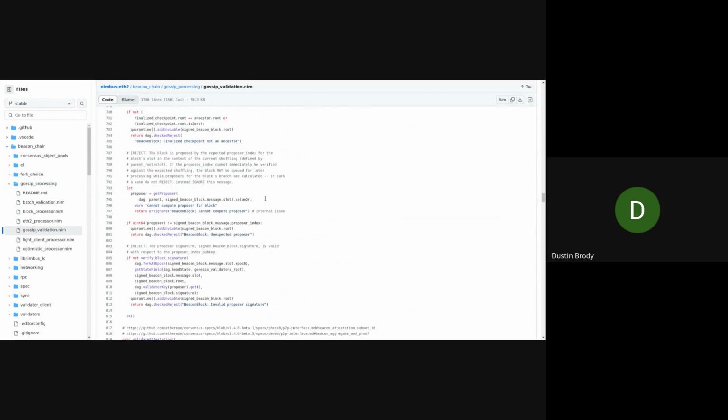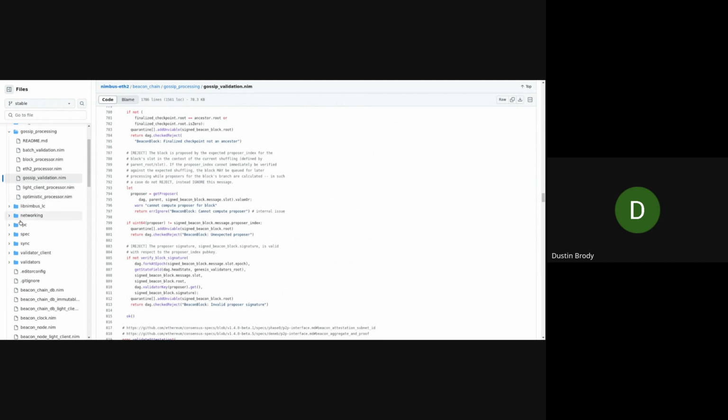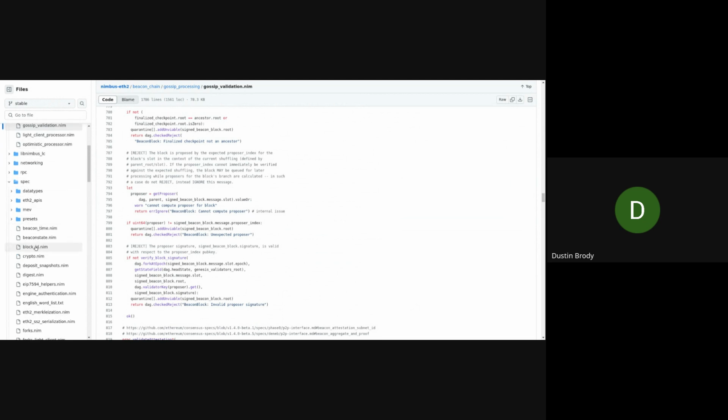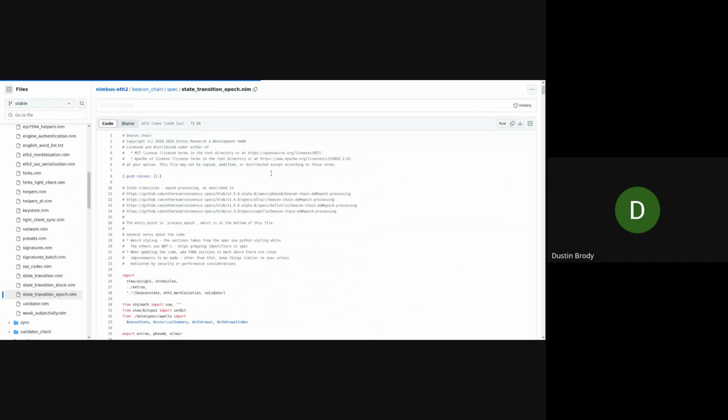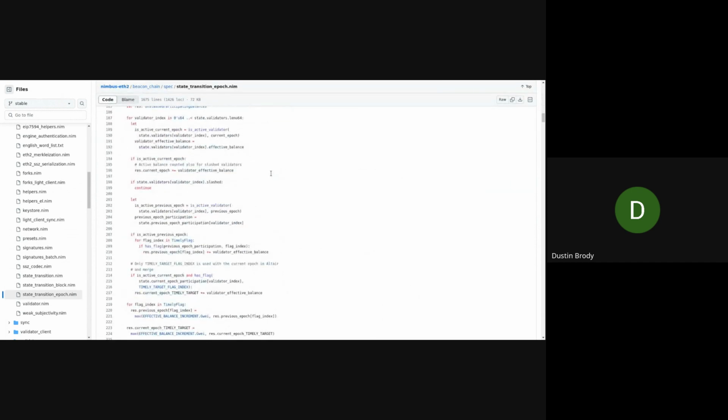On the other hand, there are other parts of the application which, if you can find your way into the state transition epoch, are quite a bit of a softer target.